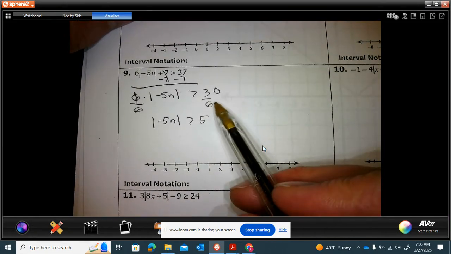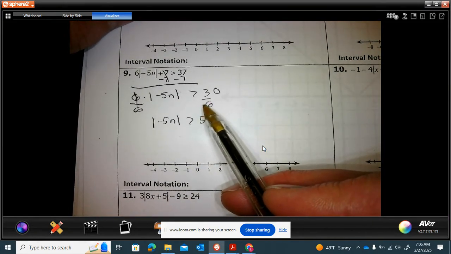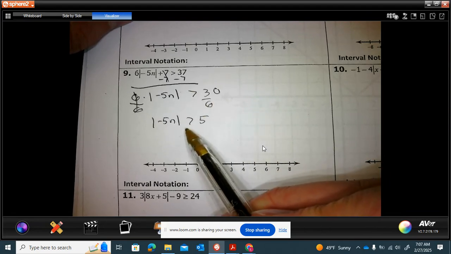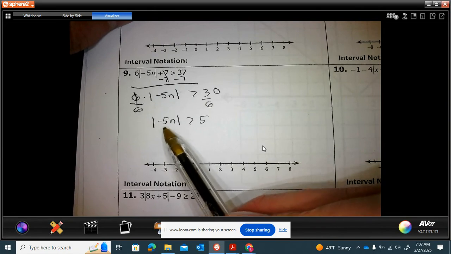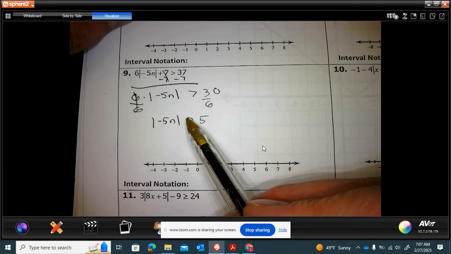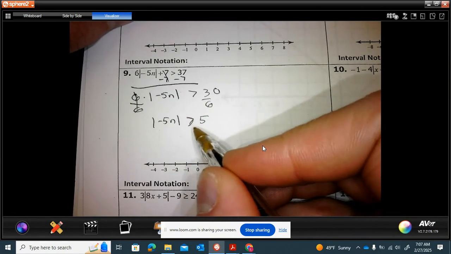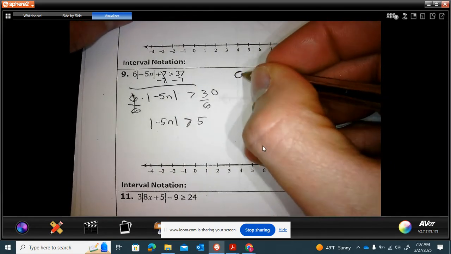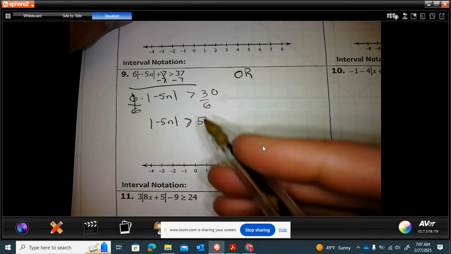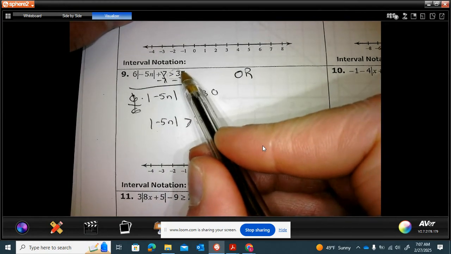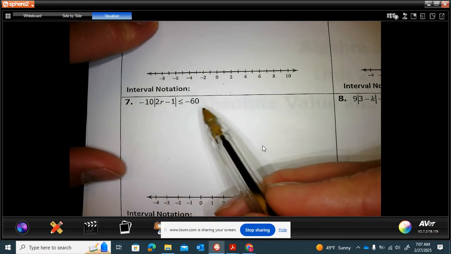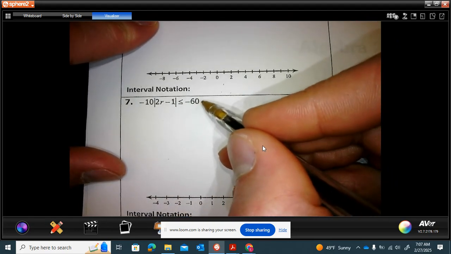Because I didn't have to divide by a negative or multiply by a negative, my inequality symbol never changed directions. So now that my absolute value is by itself, and now that my inequality symbol is greater than, greater than means or. So this is going to be an or inequality. I couldn't determine that from the beginning because if you look at question 7, it's less than, so it looks like it's going to be an and.